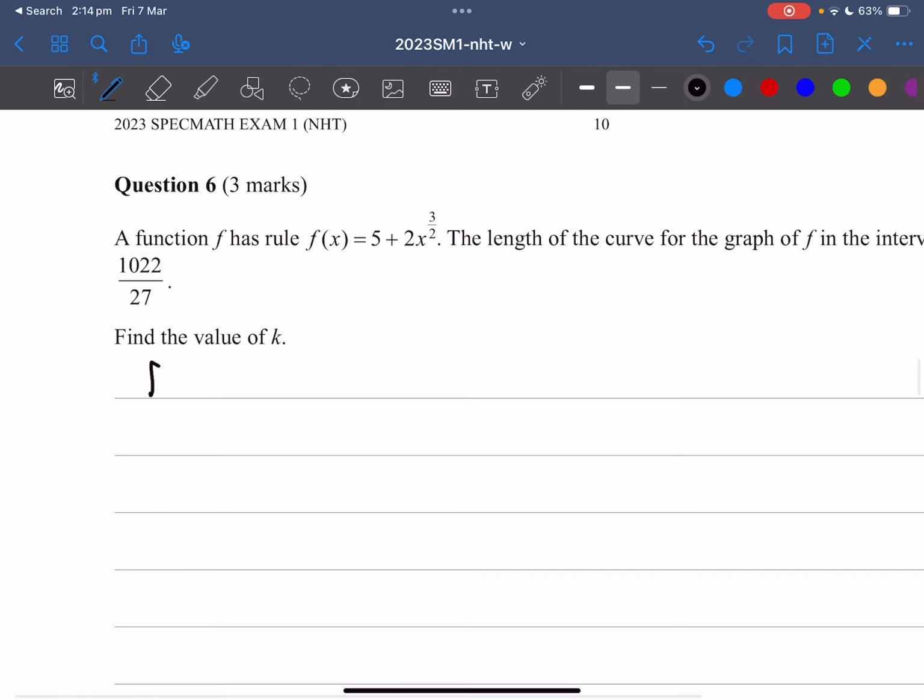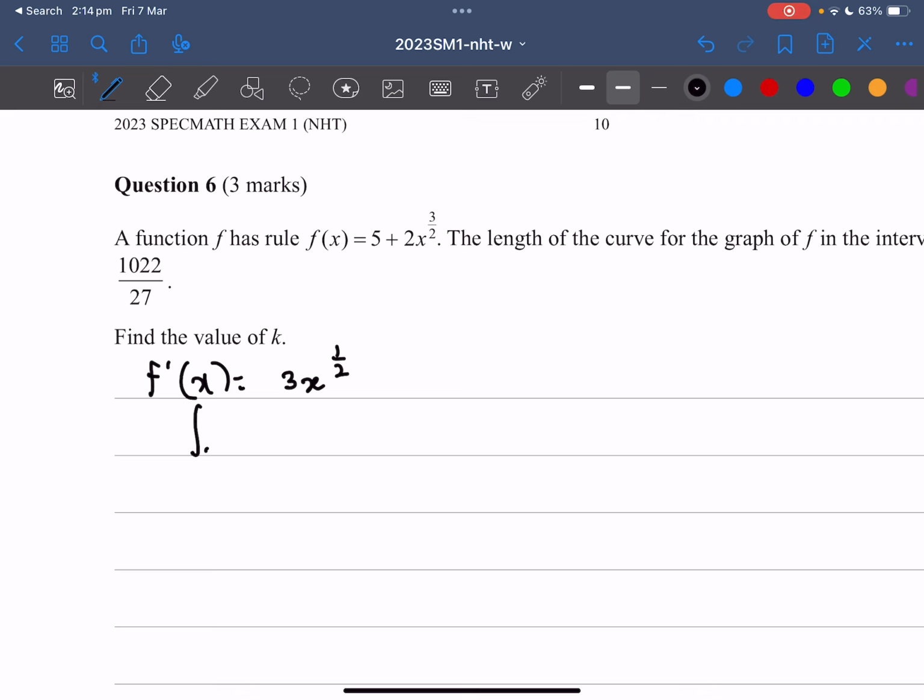So f dash of x equals, the pi is just a constant, so that will become 0. And the 2 will cancel out, so 3x, and then there will be a half.